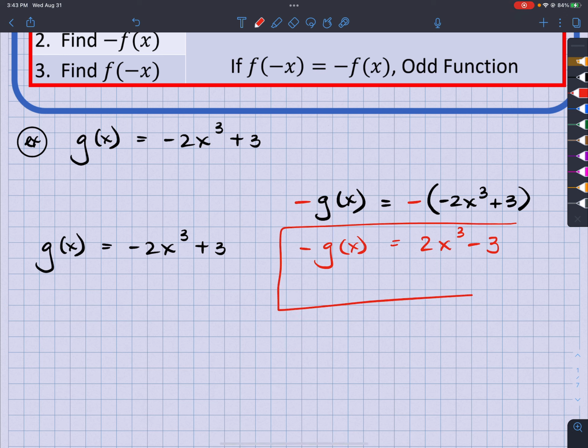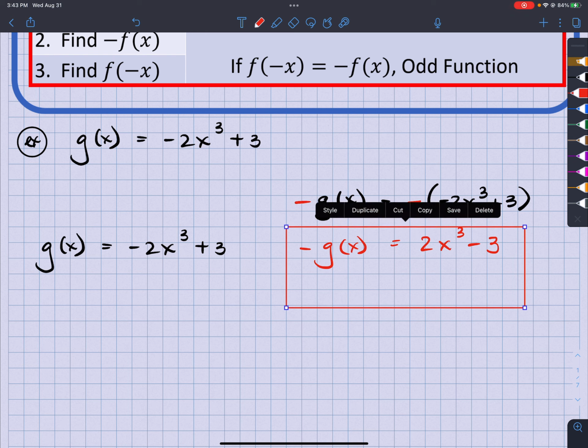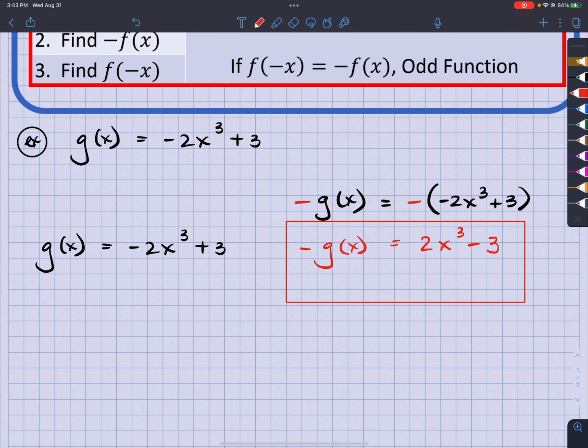When we plug in the negative x for x, if it looks like this function over here, then the function is actually odd.